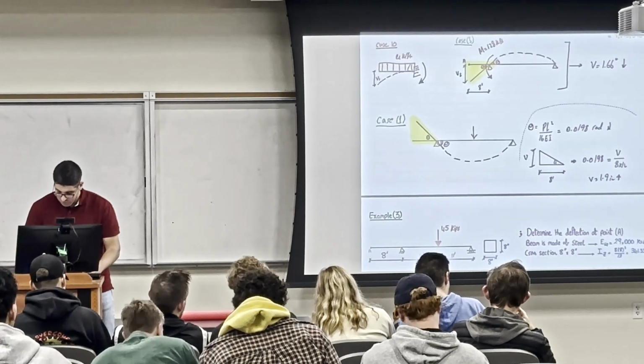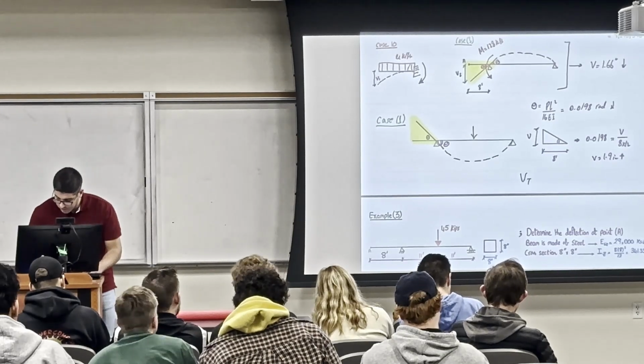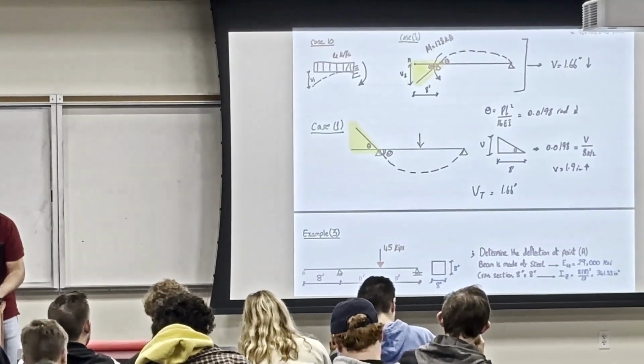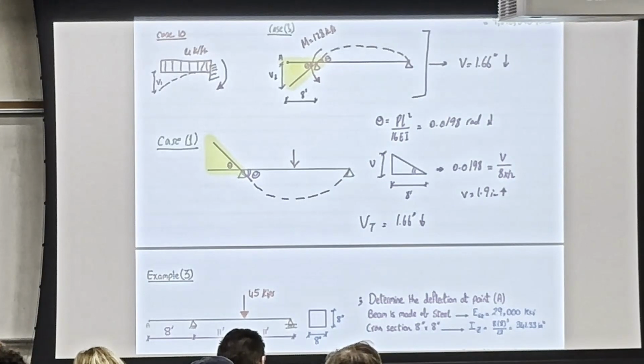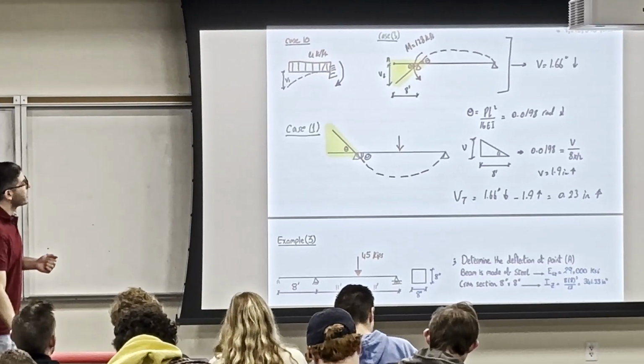No, to take the full credits, you need to have the V total, which is 1.66 inches pointing down, minus 1.9 pointing up, okay? And you're going to get 0.23 inches pointing up.